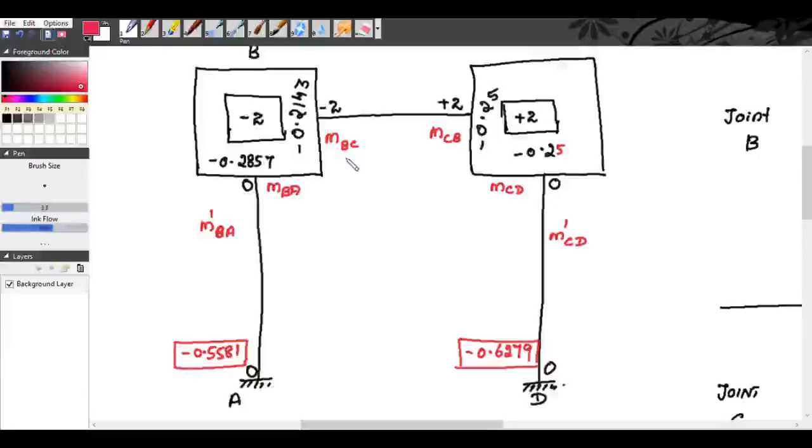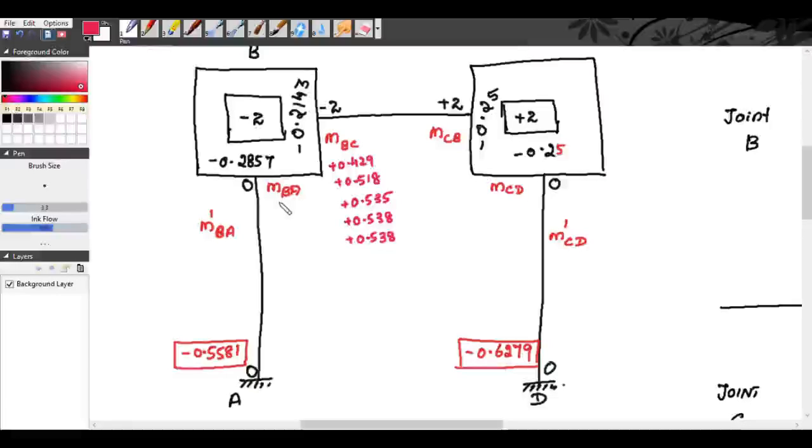First of all, we will write for MBC. The values are plus 0.429, plus 0.518, plus 0.535, plus 0.538 and plus 0.538.